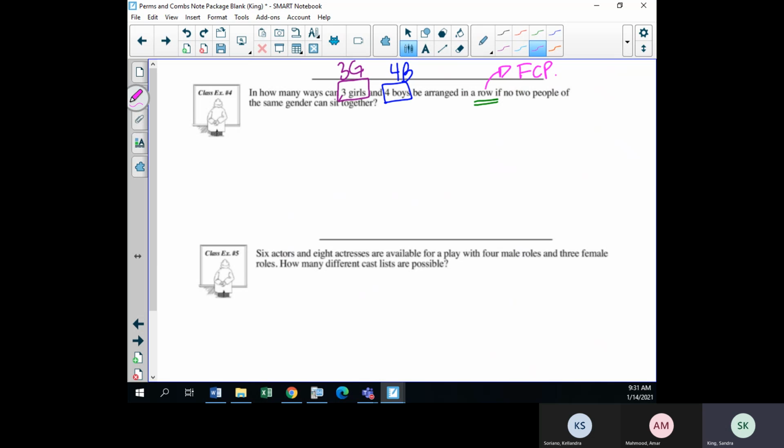How many different stages will I have, or how many kids do I have if I'm arranging 3 girls and 4 boys? 7 stages. Okay, so let's set up our 7 stages. 1, 2, 3, 4, 5, 6, 7.